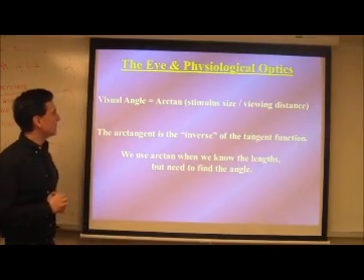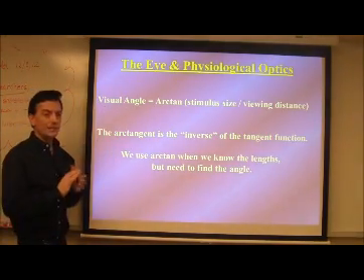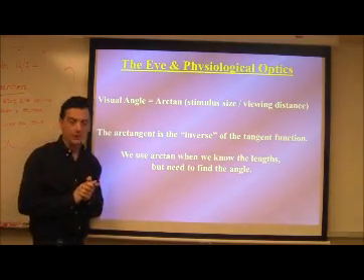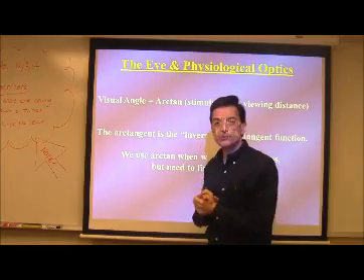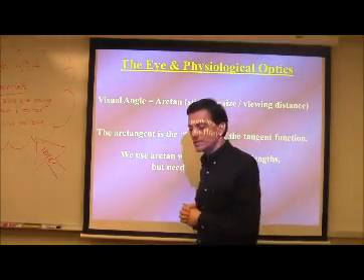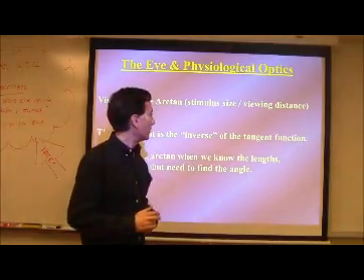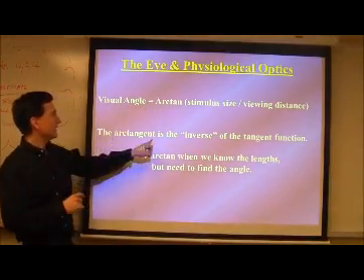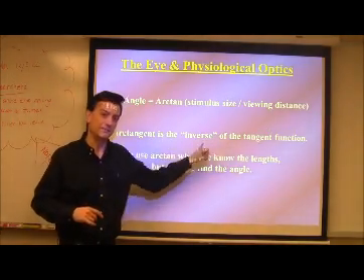So let's see where that comes from. Visual angle can be measured according to this formula. You might remember in high school learning about linear functions and nonlinear functions. You might remember certain trigonometric functions, one of which is the arctangent function. The arctangent is the inverse of the tangent function.